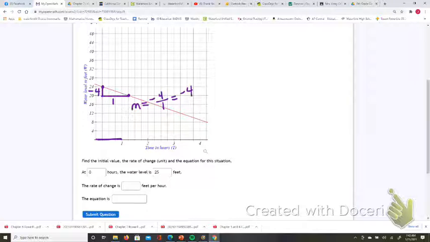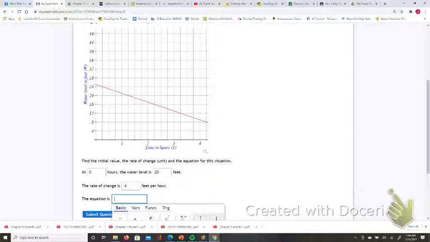So now I type in negative 4 feet per hour. So it's going down 4 feet every hour. And then the equation. Remember how our equation is y equals mx plus b. But if we look at the y-axis, see how it's w? So we're going to do w equals, and then our slope was negative 4.